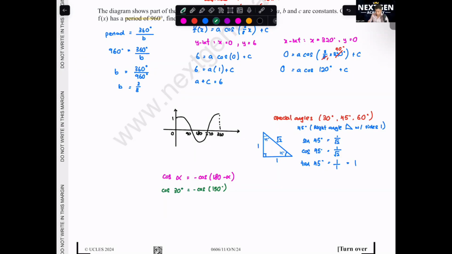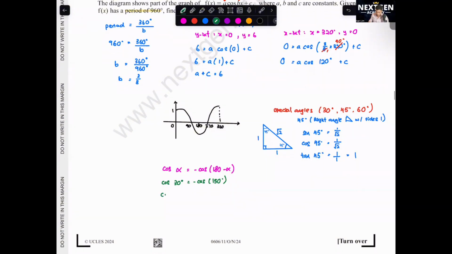We try another value. Let's try cos 20. We want to prove this. Both the angles add up together to equal 180 degrees, so cos 20 will be negative cos 160 degrees. You don't believe?